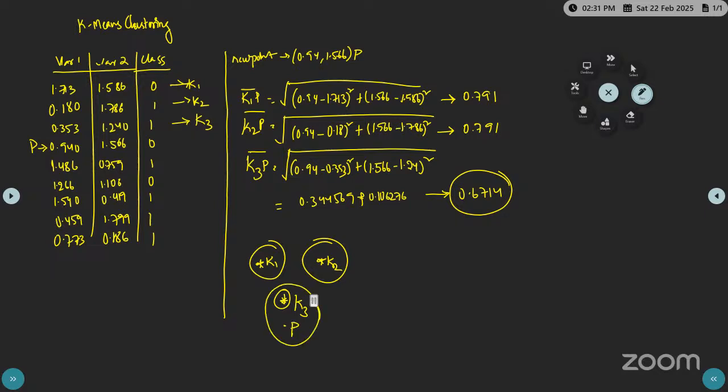Now what you need to do is calculate the centroid.